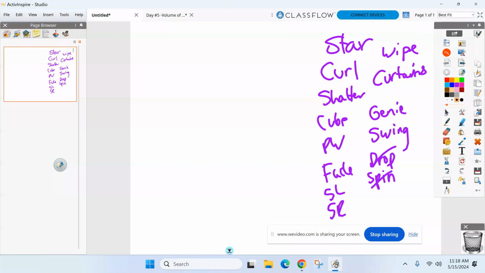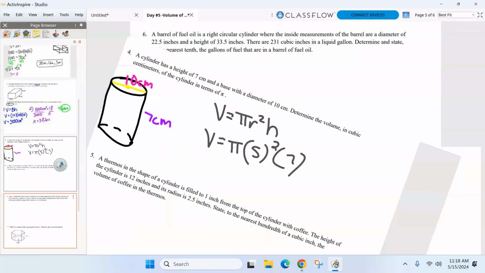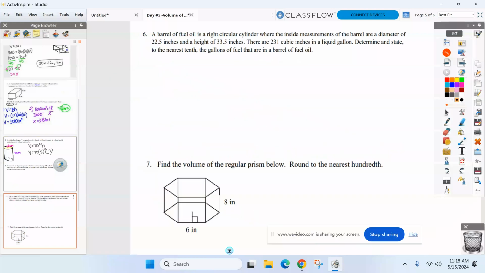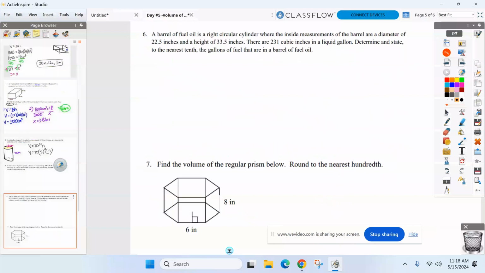Drop. Swing. Genie. Wipe. Fade. Pinwheel. Cube. Shatter. Curls. Stars. Okay, shatter it is. Let's go. Swing. Nobody wanted the swing, huh? Yep, nobody wanted the swing. Sorry, kids. All right, there you go.